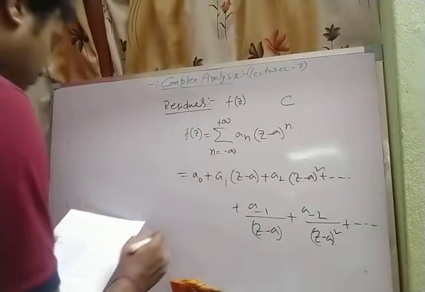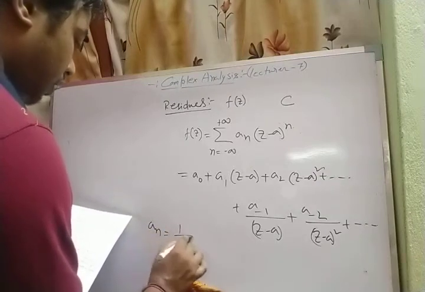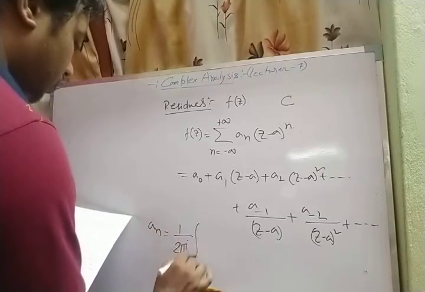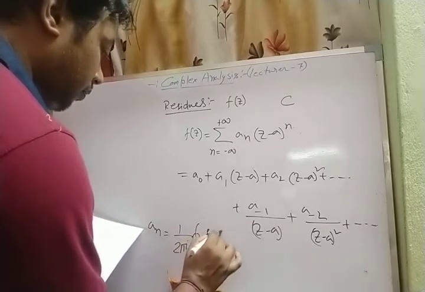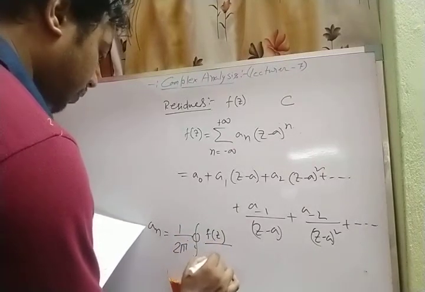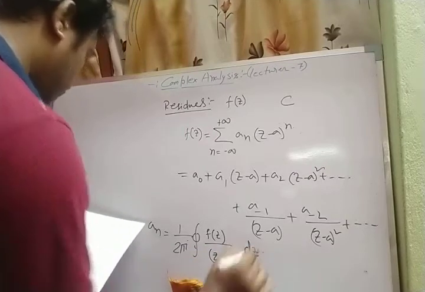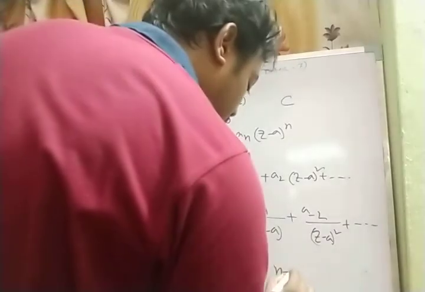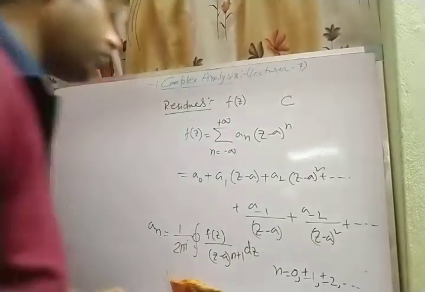Here, in this case, a_n is 1 by 2 pi i times the closed integral over C of f(z) by (z minus a)^(n+1) dz, for n equals 0, plus minus 1, plus minus 2, and so on.